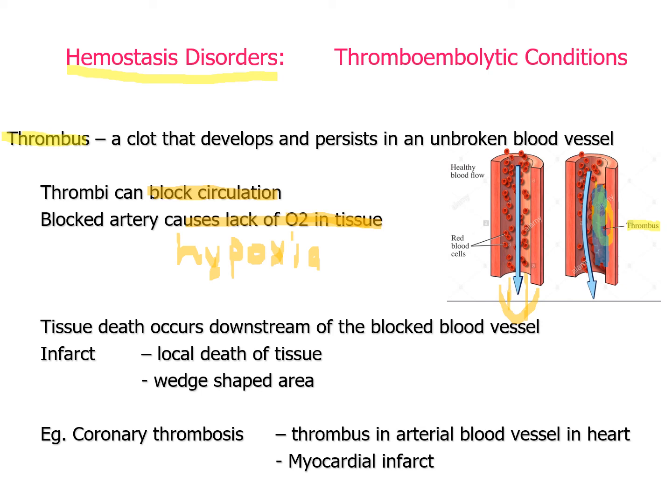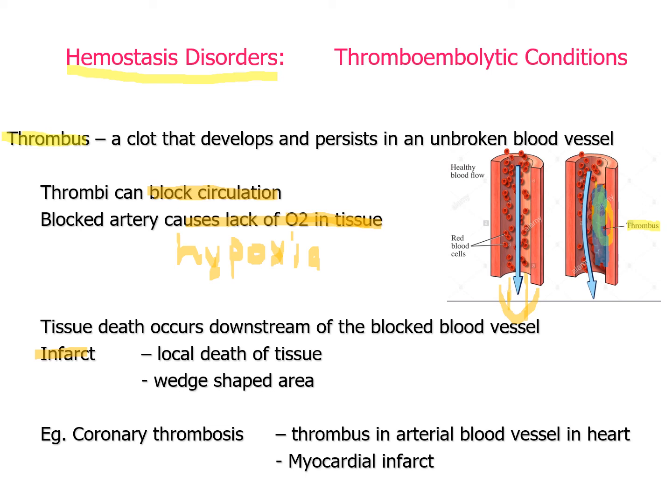In fact, you can get death if you get complete occlusion and no blood flowing, or completely inadequate flow of blood. You can get death of the tissue that's downstream of that blood vessel. That is called an infarct. Local death of tissue due to tissue hypoxia because of inadequate blood supply. It is always a wedge-shaped area of dead tissue.